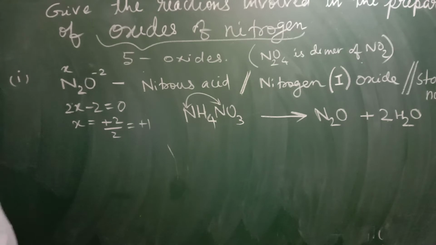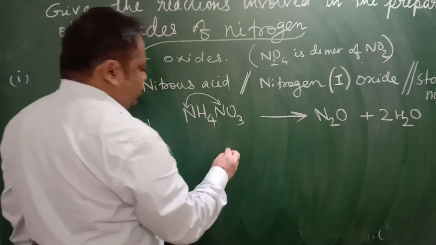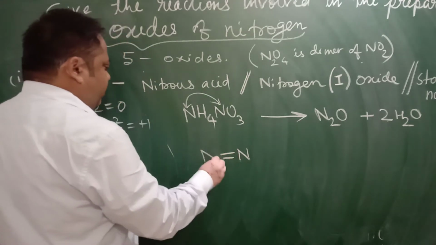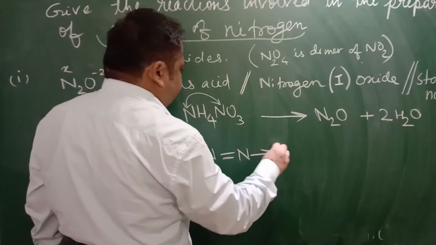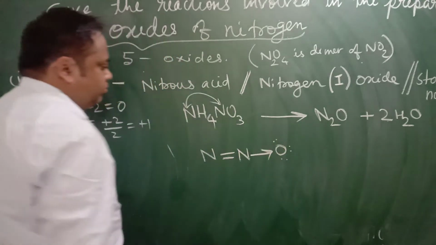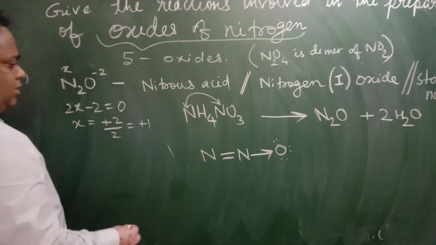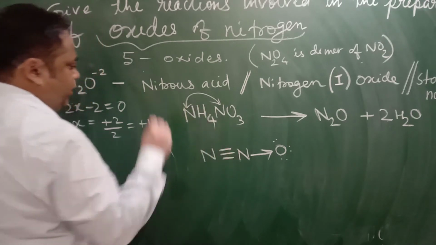Now how to write down the structure of N2O? The structure of N2O would be between nitrogen and nitrogen, 1 double bond and 1 coordinate bond with oxygen. The maximum covalency of nitrogen is 4, so we'll write one more bond over here.